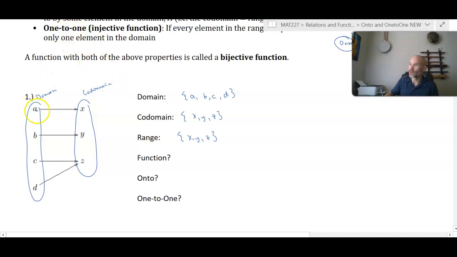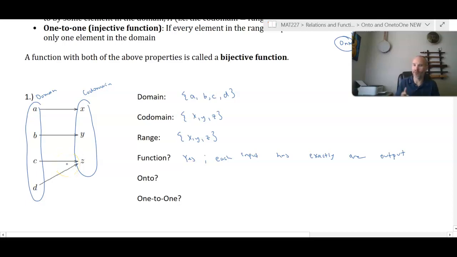So every input, notice, has one output. There's only one arrow coming out of each domain value. So that makes it a function. And it's onto. So yes, each input has exactly one output. A common point of confusion with functions is, well, C and D both point to the same output.